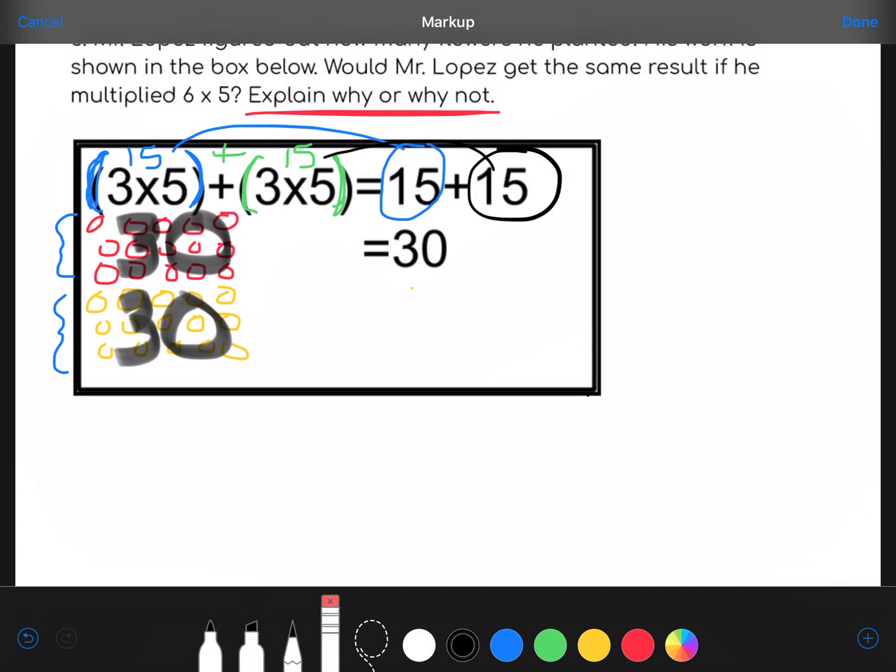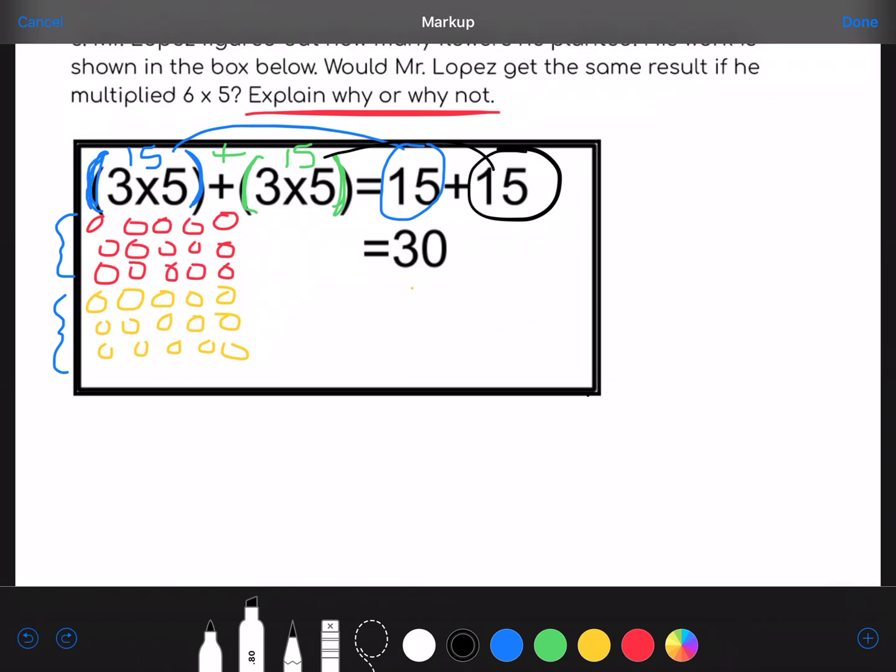Sorry, let's erase that. There we go. We had 15 here, right? Plus 15 here equals 30. So that math is correct.